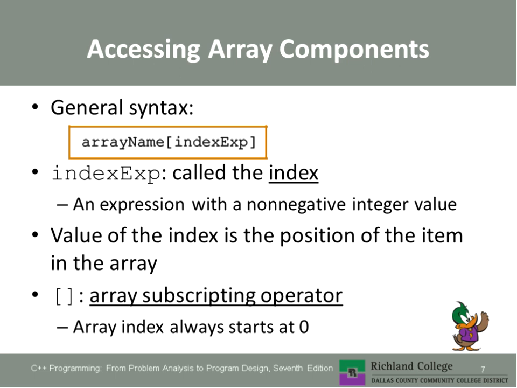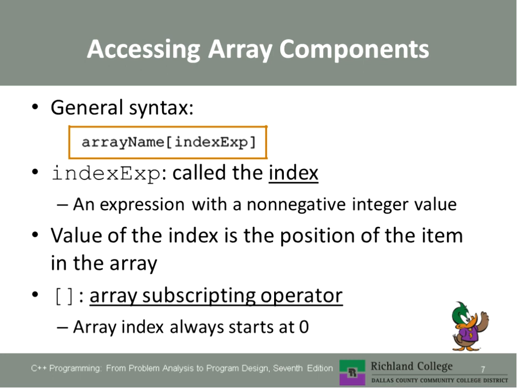So how do we access array components? The general syntax is the name of the array, and then you have the index expression, which some people just call it, or I like to call it, just an index. Now the index value cannot be negative, so the index value has to be basically an unsigned integer.